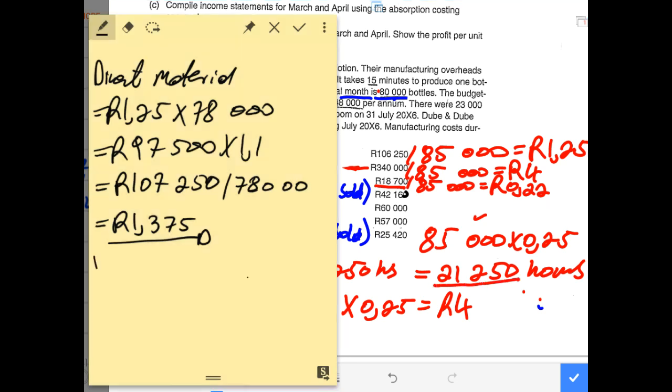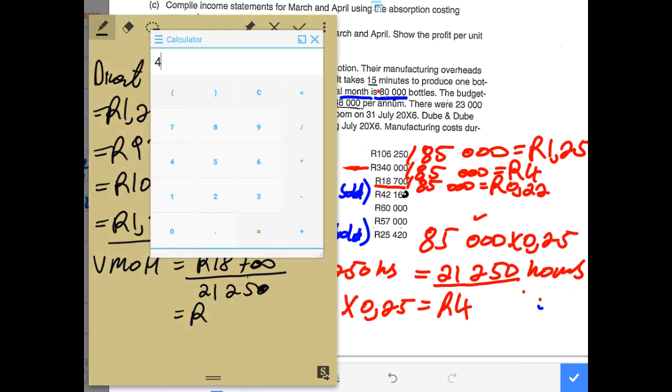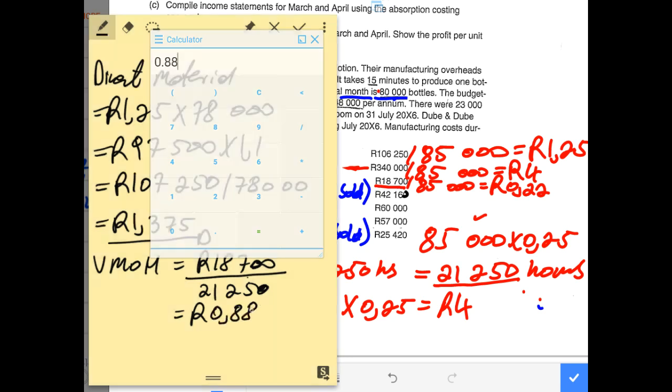So we can say variable manufacturing overhead is 18,700. We divide by the total hours to manufacture 85,000 units, which is 21,250. That will give us the rate per hour, which is 18,700 divided by 21,250. This will give us 0.88 per hour.